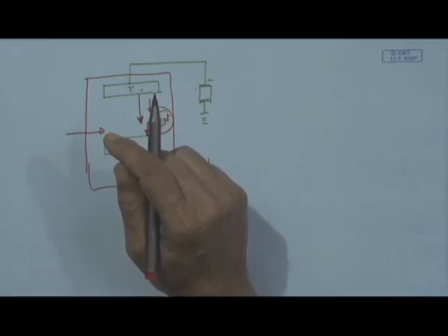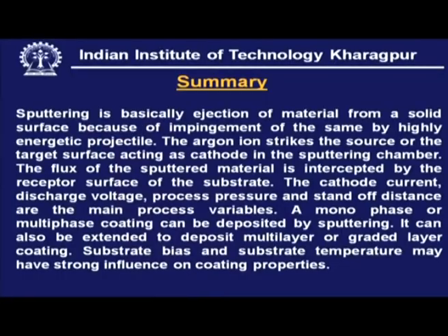So, in summary, sputtering is basically ejection of material from a solid surface because of impingement of the same by a highly energetic projectile. The argon ion strikes the source or the target surface which is acting as the cathode in the sputtering chamber.